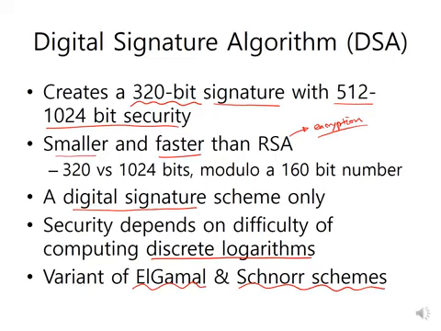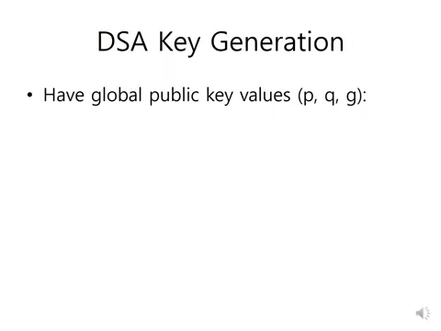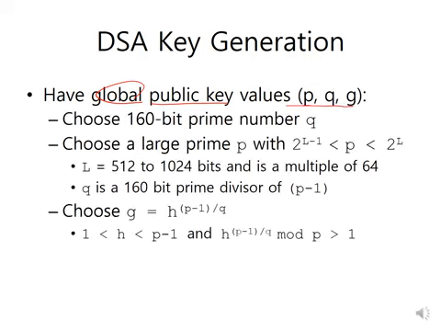And let's see the inside of the DSA. This is the key setup procedure in the DSA. The first step is to determine the global public key. This is the set P, Q, G. At first, we need to choose a 160-bit prime number Q at random.